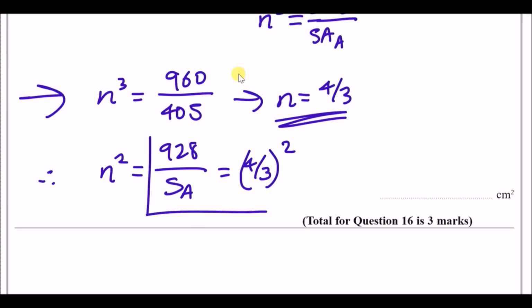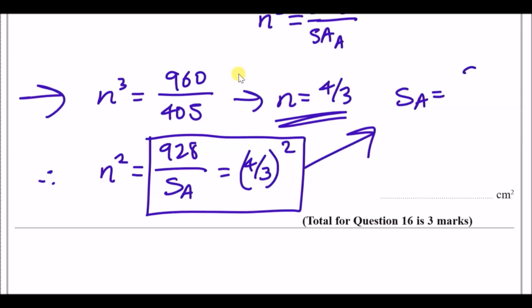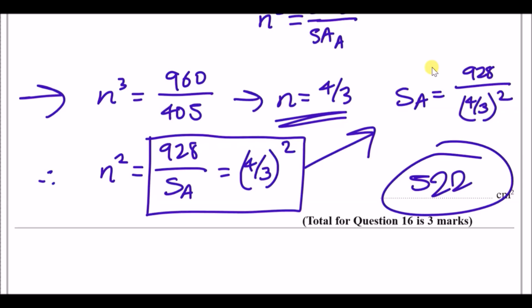So essentially we're solving this bit. Then all you have to do really is solve for SA. So multiplying SA across and dividing by 4/3 squared across, you're going to have a surface area of 928 over 4/3 squared. Again, put this in your calculator and you'll get 522. That's it, guys. That's all you do.